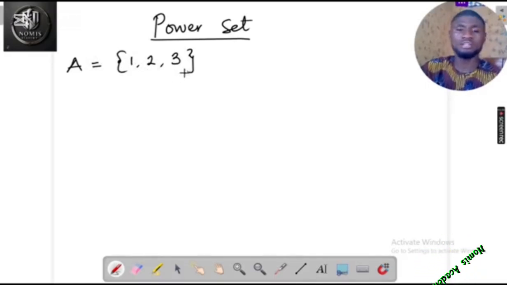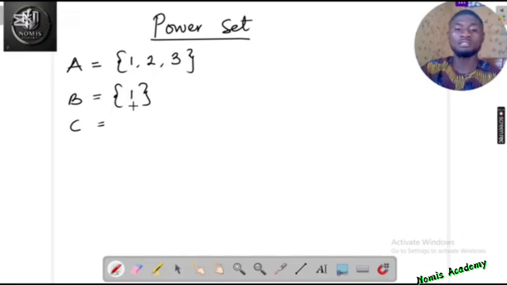Now, what are the subsets of set A? Let's say I have B to be a subset of set A, and B is just this, right? This is a subset, meaning that all the elements in set B can be found in set A, right? So, and I have something like this.